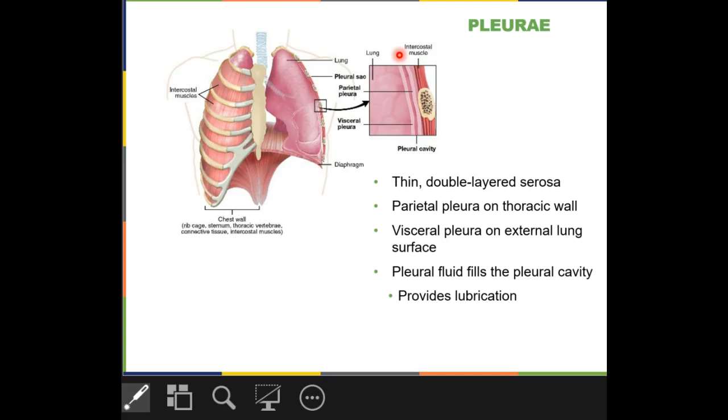So if you had something bony or even just a membrane of the bone rubbing up against the lungs, you would rub a hole in your lungs. So instead of your lungs rubbing up against your thoracic wall, you have a smooth serous membrane rubbing up against a smooth serous membrane with some lubricating serous fluid in between so that none of the tissues get damaged.